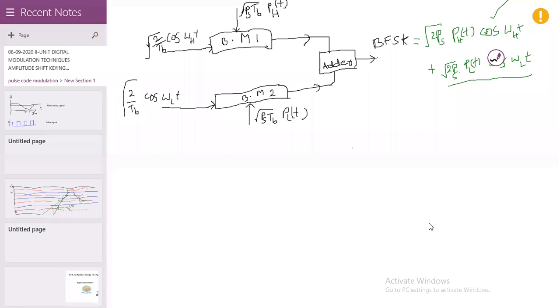That's why we find out the bandwidth of the BFSK signal. So please note the bandwidth of the BFSK signal.